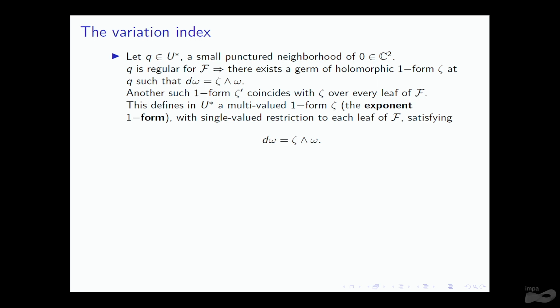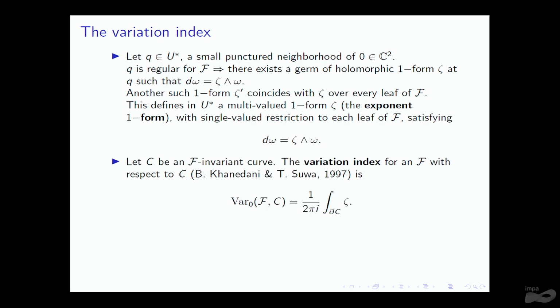It's very simple to prove this. Another one form zeta prime coincides with zeta over every leaf of f. So in this way, we define in this punctured neighborhood a multi-valued one-form zeta, which is called the exponent one form, which is single-valued when restricted to each leaf of f. And they satisfy this equation.